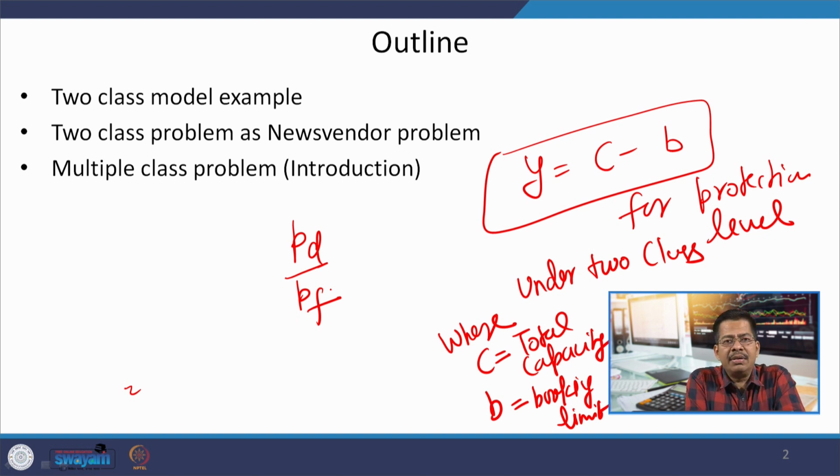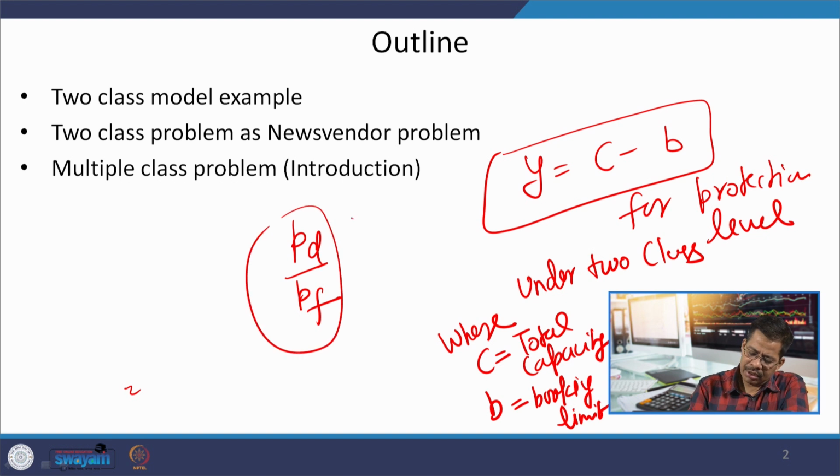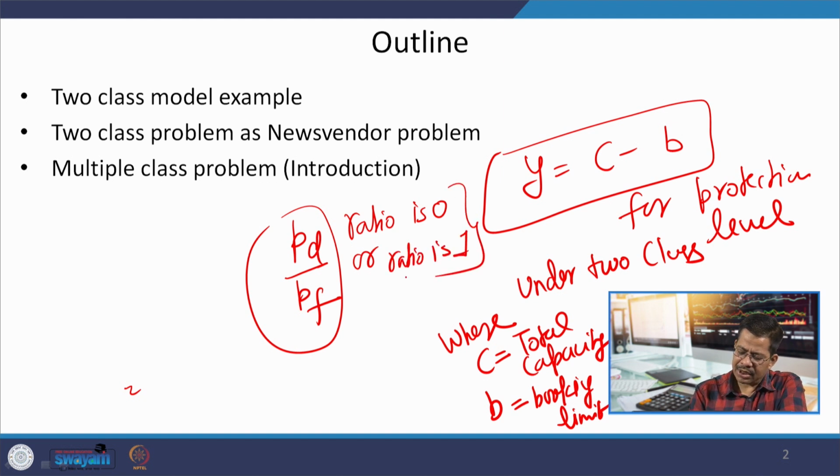In one case PD is equal to 0, and in another extreme case PD is equal to PF, or in other words the ratio is 0 or the ratio is 1. Whenever these two extreme cases happen, you are going to have no classes, the entire server is just a single class.